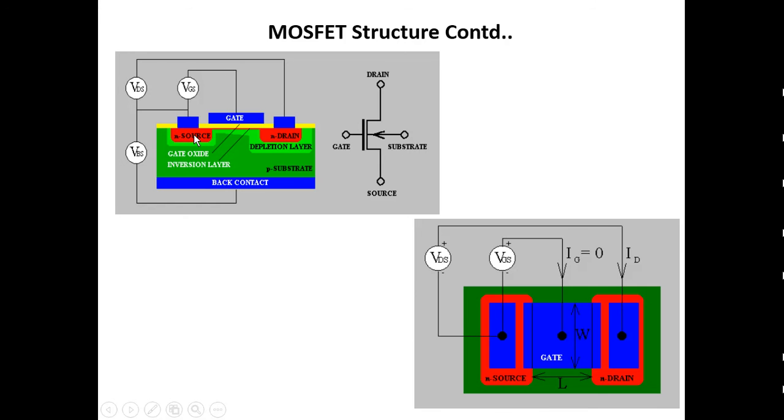From this one, the electrons are attracted towards this, and between this P substrate and this gate, of course, the charge carriers are depleted in this region, because the gate is positive and this is a p-type substrate. So what happens when you apply a positive voltage here? Usually a depletion layer is formed here.